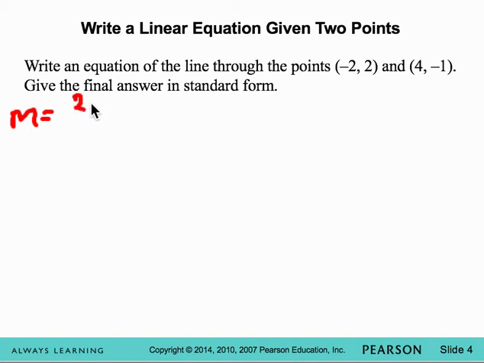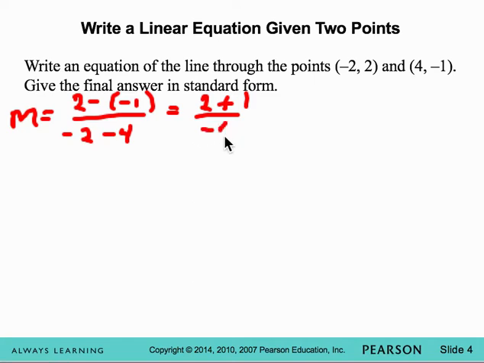All right, so that's 2 minus 1, subtracting your y's. Since I started here with my y's, I got to start here with my x's. So this is 2 plus 1 over -6, or 3 over -6, so -1/2.